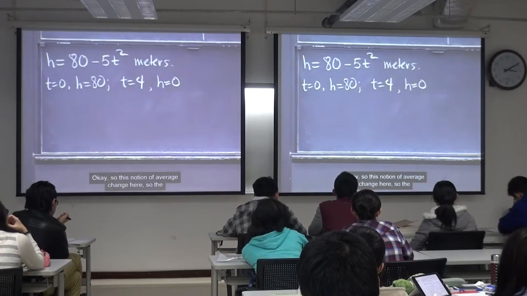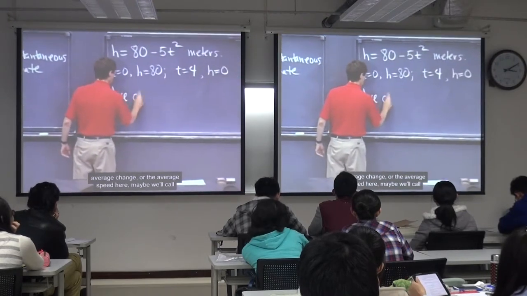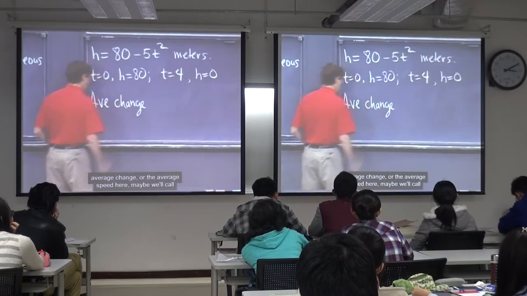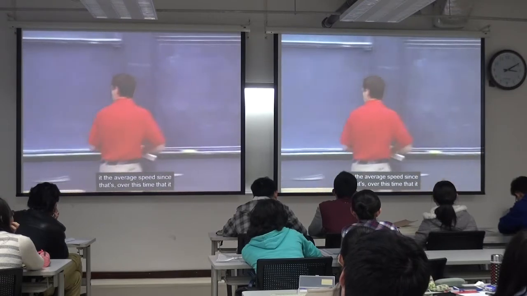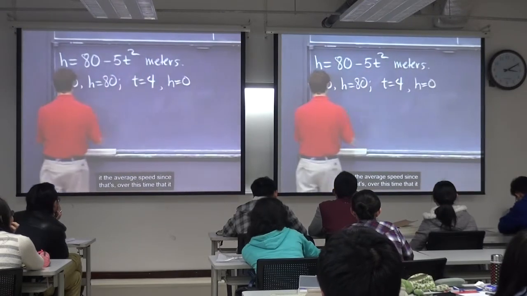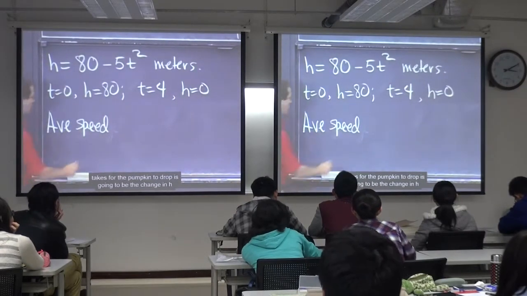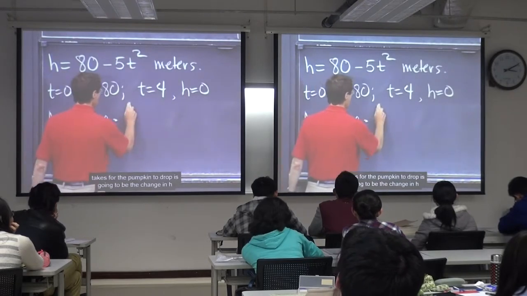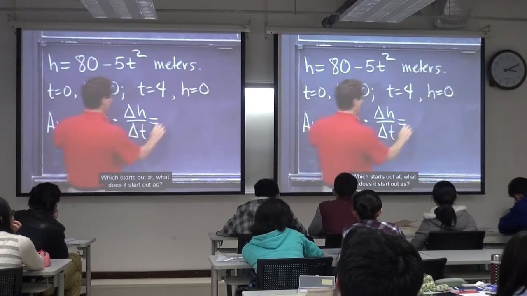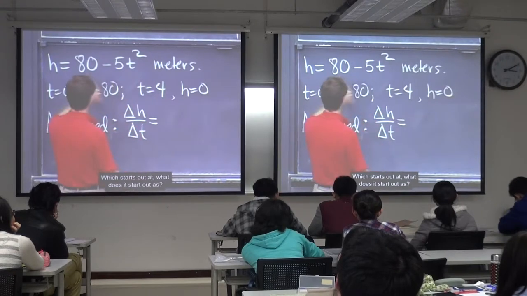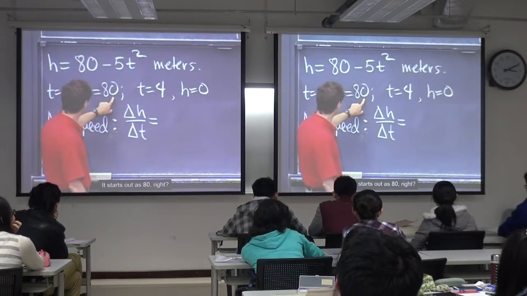Okay, so this notion of average change, or the average speed, maybe we'll call it the average speed, over this time that it takes for the pumpkin to drop, is going to be the change in h divided by the change in t. It starts out at 80, right?